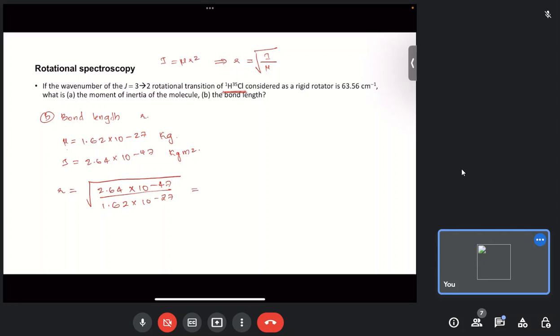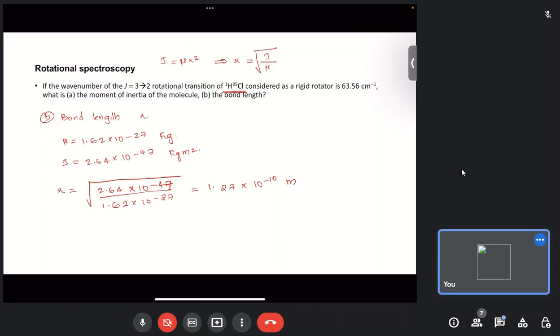So this is going to be 2.64 divided by 1.62, find the square root of that, 1.27, into 10 to the power minus 10 meters.